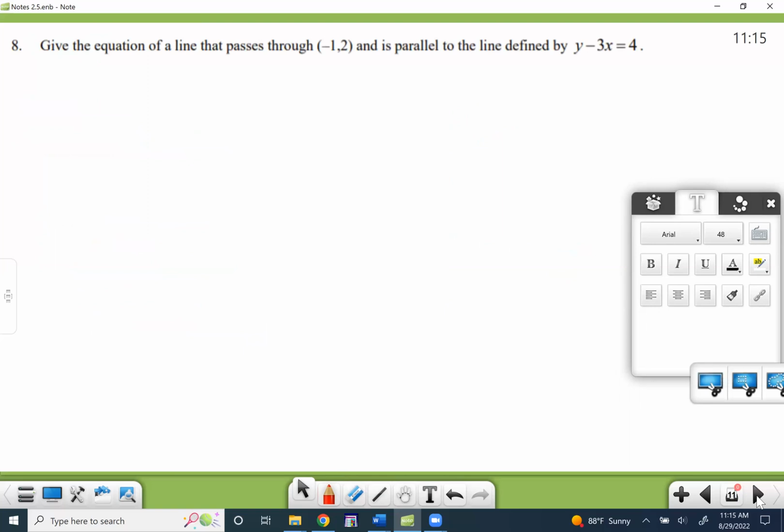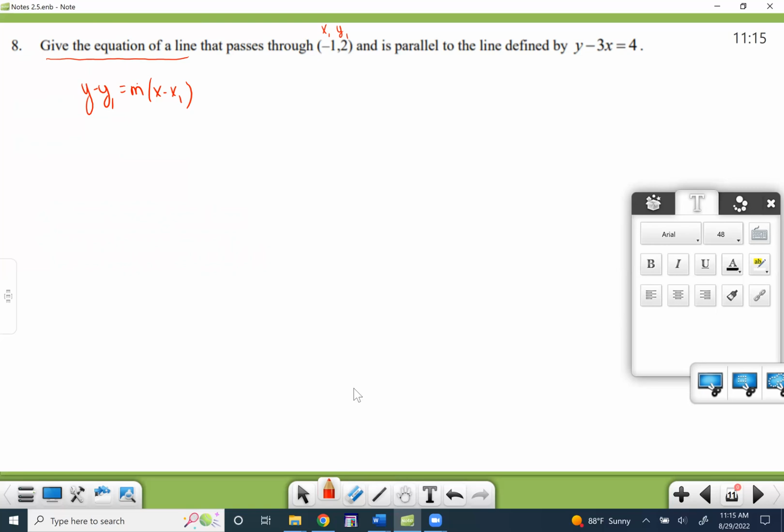All right. Give the equation of a line. Those words tell us right away, or write the equation of the line. Give the equation of a line, that I should write down point slope. And so we already have our x1 and our y1. So the only thing that we're missing for point slope is the slope.